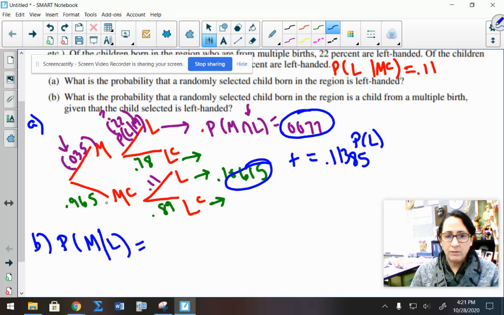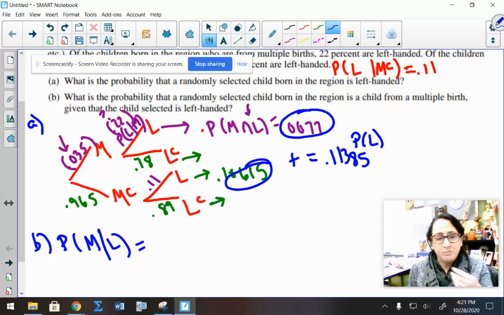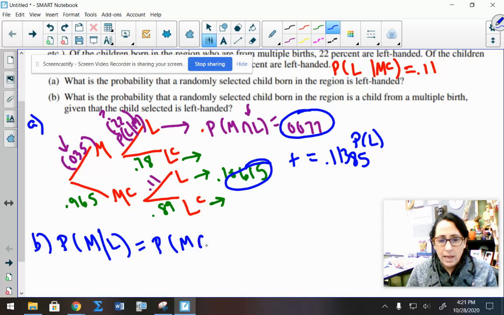We're going to have to go to our formula sheet, under Roman numeral 2. That's the probability of M and L divided by the probability of L. It's like my A and B from the formula sheet, but using M and L. So now I do have this piece of information.